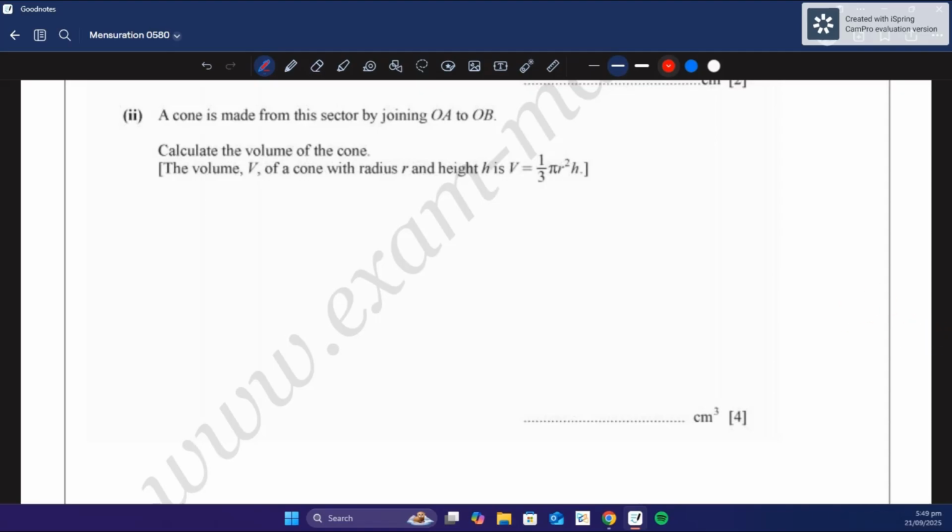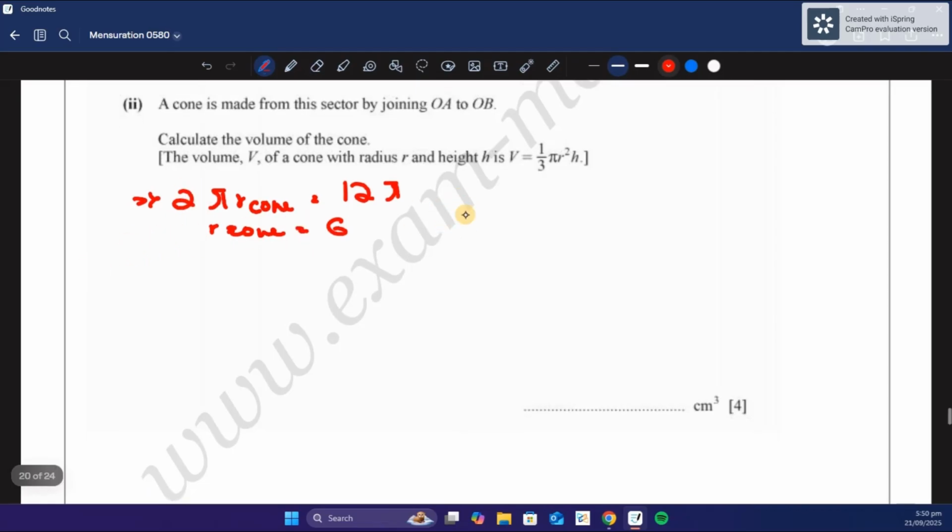B part 2. Okay, so we're going to say 2 pi r, the radius of the cone, equals 12 pi. So the radius of the cone equals 6 centimeters. All right, and the slant height is 10.